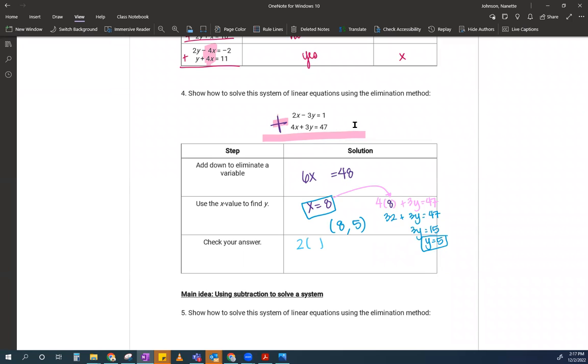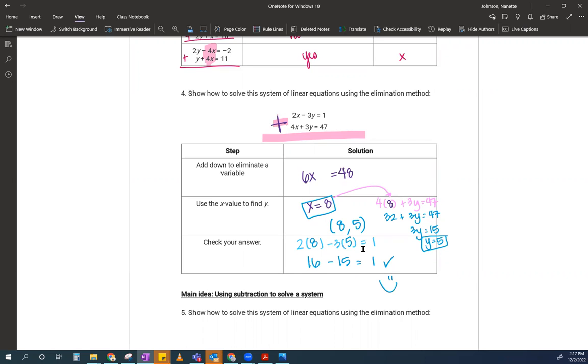So I'm going to plop my little 8 and my little 5 into the x spot and the y spot. This is 16 minus 15. Is that equal to 1? And this is a good sign, Ms. Johnson. She likes being right. Right? Very good.